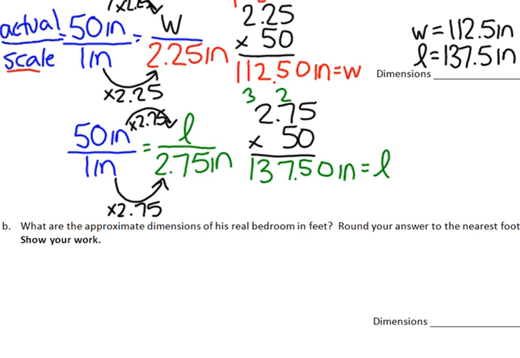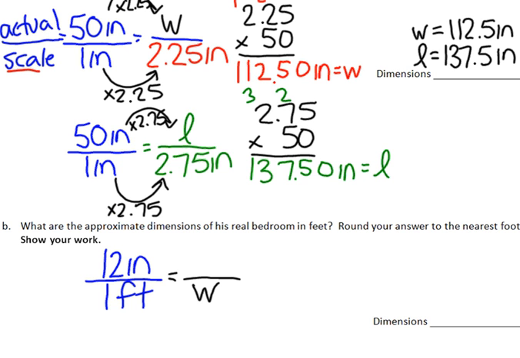So I need to use these same numbers that I just got in part A. And this time my scale factor in blue is going to be the conversion between inches and feet. So I can set up 12 inches over 1 foot. And I'm trying to convert it into feet, so that's where my variable will go this time on the bottom.